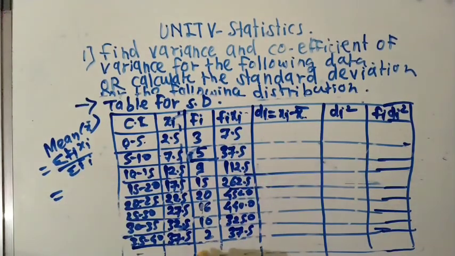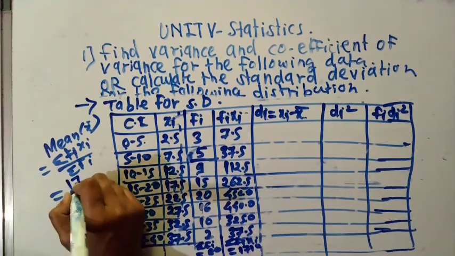This summation of fi is equal to 80 and summation of fi xi is equal to 1710.